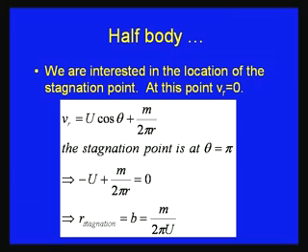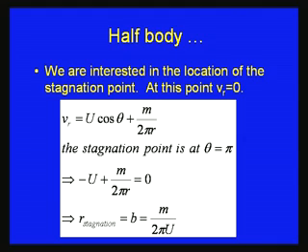So the velocity components for the half body: at the stagnation point Vr is equal to 0, that means the radial velocity is equal to 0. Vr is defined as U cos theta plus m by 2 pi r. If you equate this to 0, U cos theta plus m by 2 pi r is equal to 0.